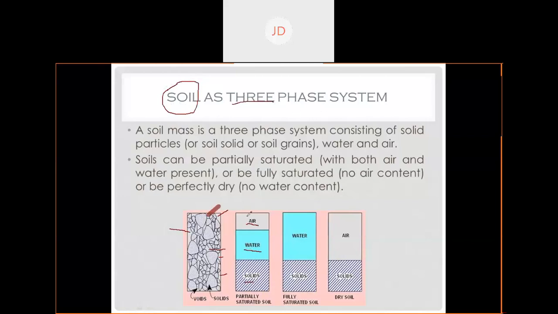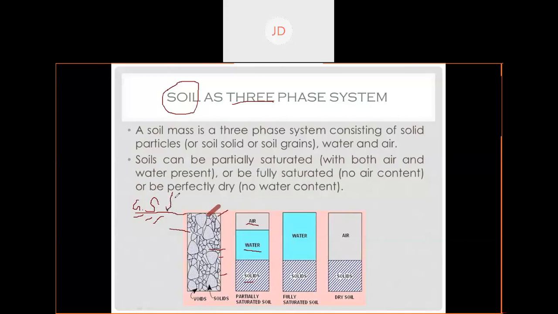How many phases are there? Three: solid phase, water, and air. But it is not mandatory that all three should be present in soil. I'm giving you an example. Suppose this is the ground surface. Now suppose rain came.